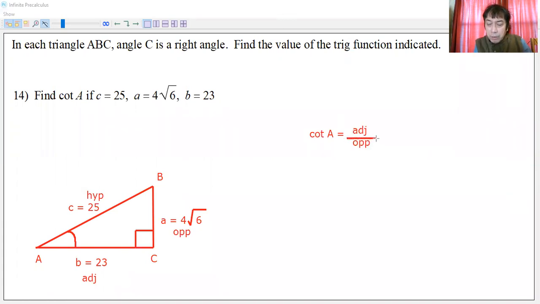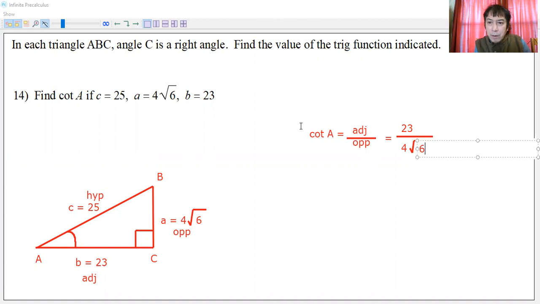And so this is equal to the adjacent side from our diagram, which is 23, divided by the opposite side, which is 4 square root of 6. So we put a square root there, and we have a division sign there, and this must be 6.